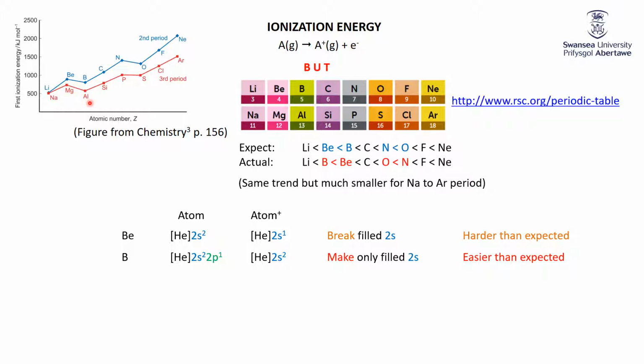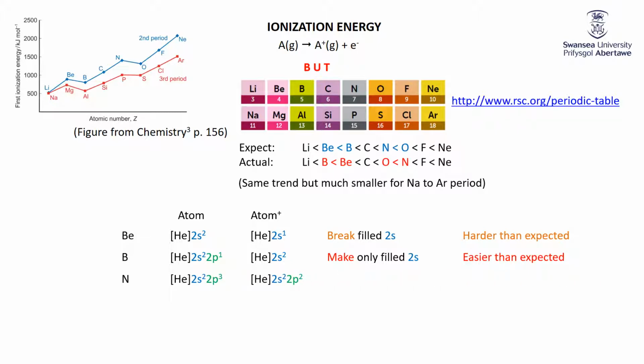Aluminium, because you're removing that 3p1 electron to get down to just the 3s2, easier than expected. Okay, so the first flip is because you're messing around with filled 2s and filled 3s subshells, breaking them tougher, making them nicer. Now let's move on to the next one, the whole nitrogen oxygen swap.